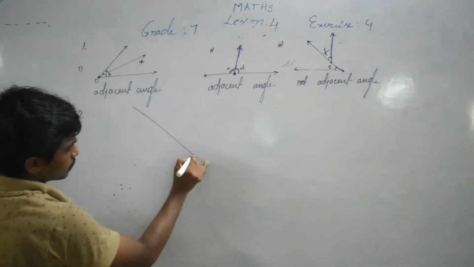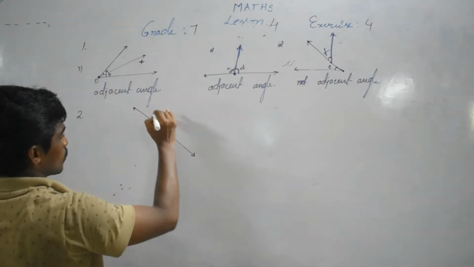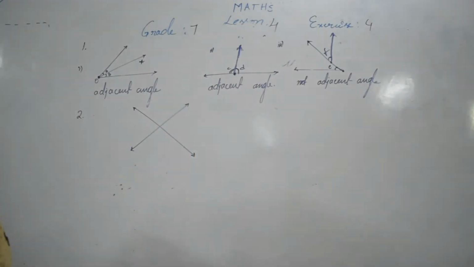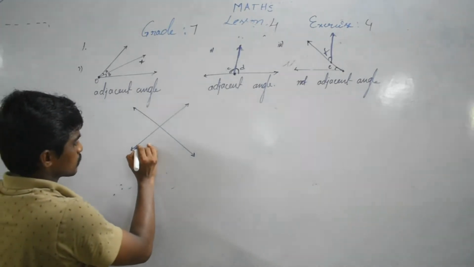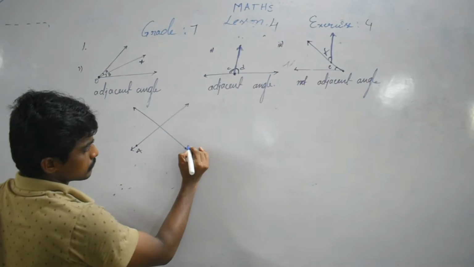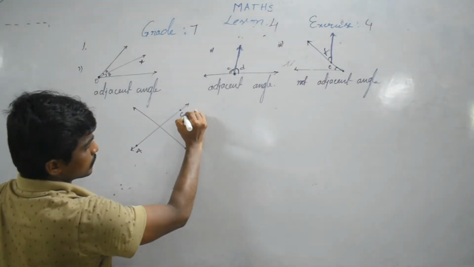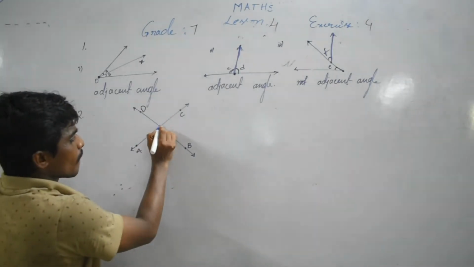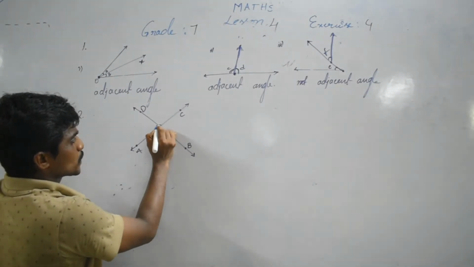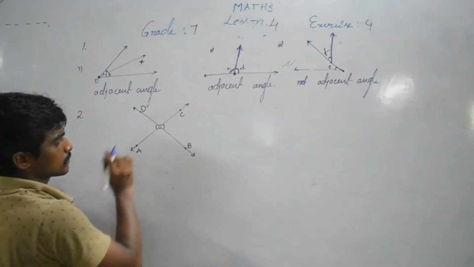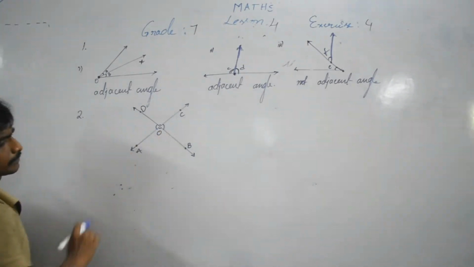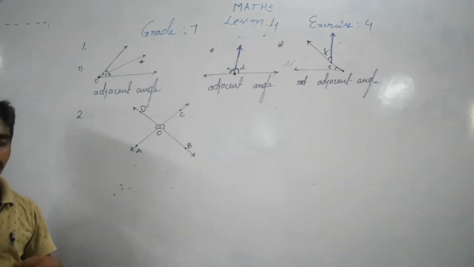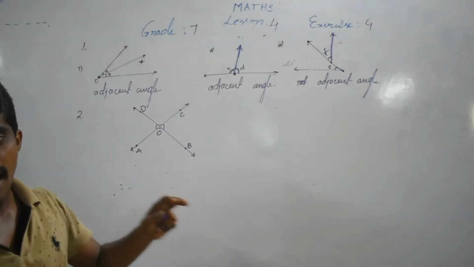Here A, B, C, D, and this is O. Here see, how many pairs of adjacent angles are there? What are they?